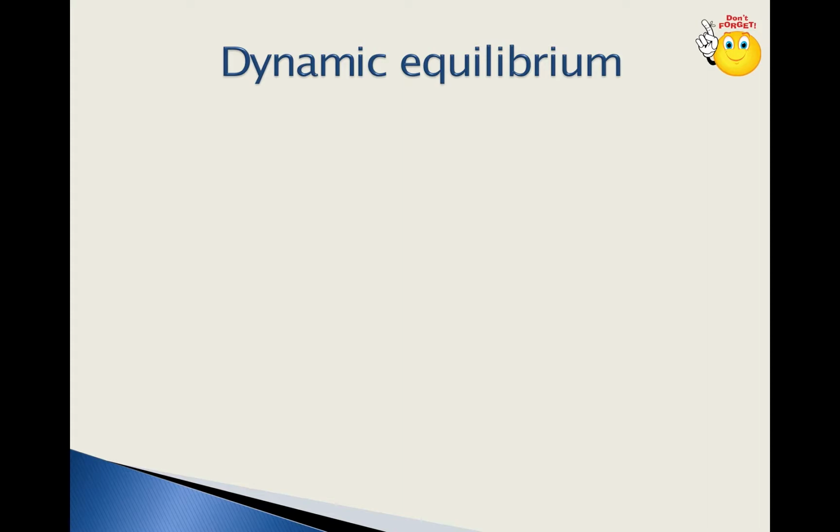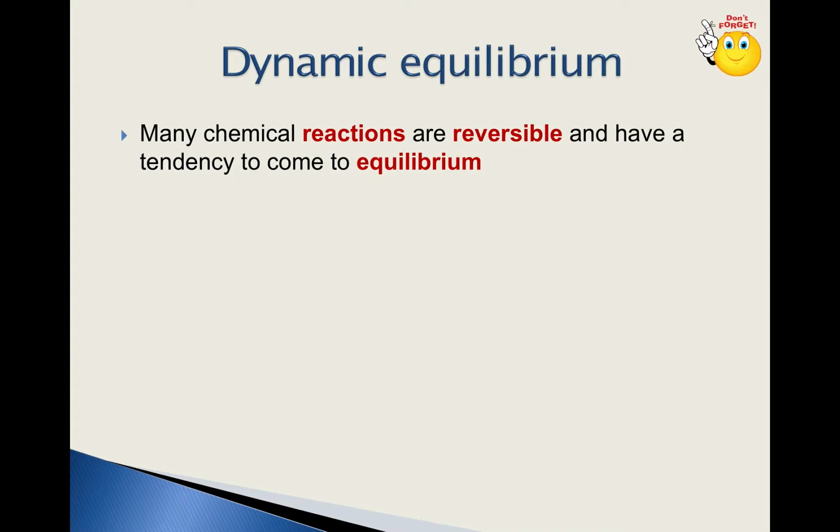Okay, now let's move away from these examples of reversible reactions and look at this term, dynamic equilibrium, and understand what dynamic equilibrium is. Many chemical reactions are reversible and have a tendency to come to equilibrium. And we'll talk about what equilibrium is in a minute.